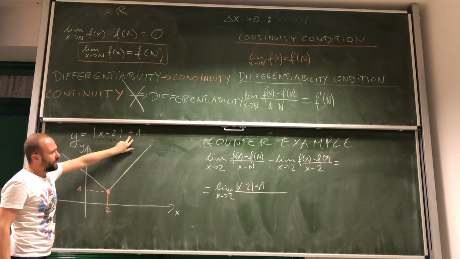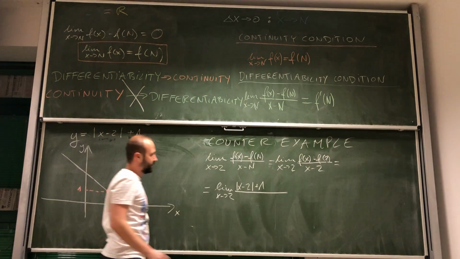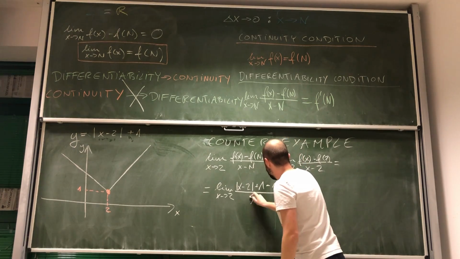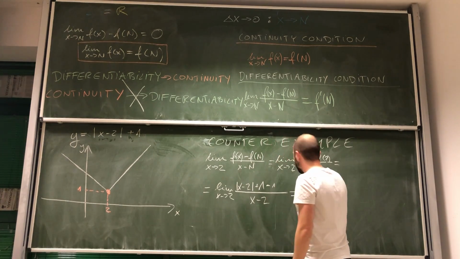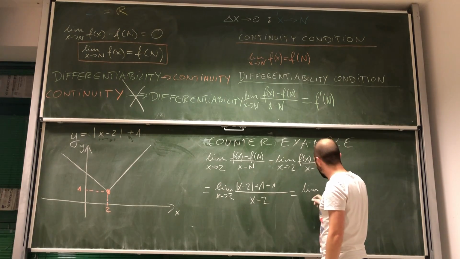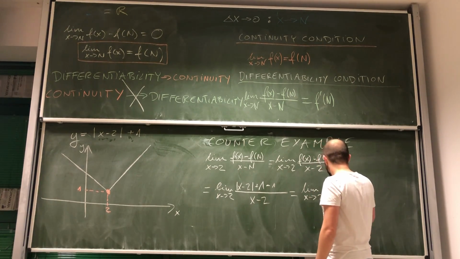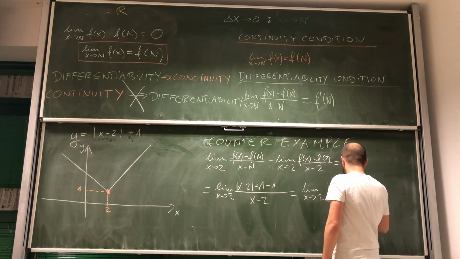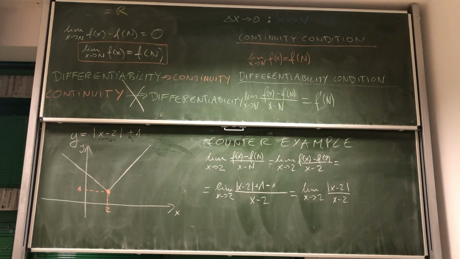So I'm left with just plus 1, but I have a minus up front, so it's minus 1 over x minus 2. So what I am getting over here is the limit with x approaching 2 of absolute value of x minus 2 over x minus 2. Okay, but when we look at this, the first look says, but this is going to be 1.